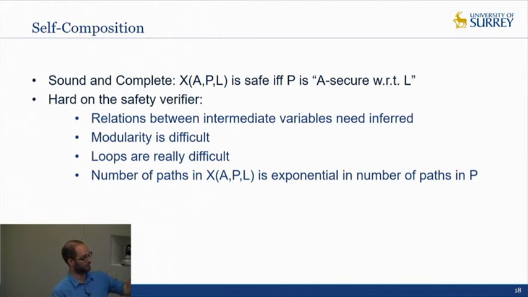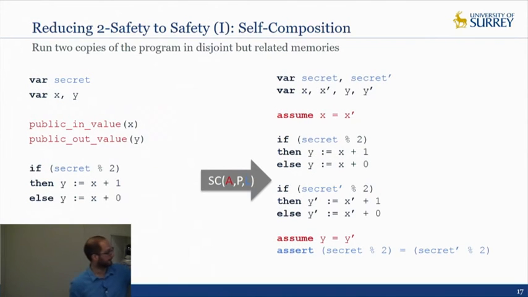So if that transformed program is safe if and only if P is a-secure with respect to the leakage model L, a-secure being whatever security property is implied by these annotations.